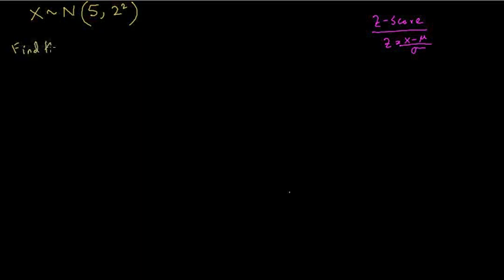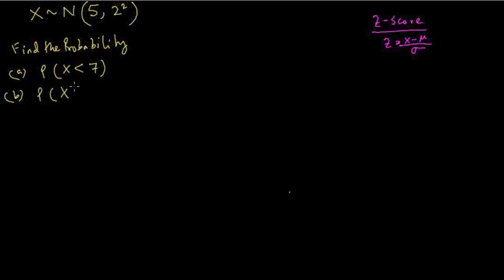Find the probability: A, probability of x is less than 7. B, probability of x is greater than 10.